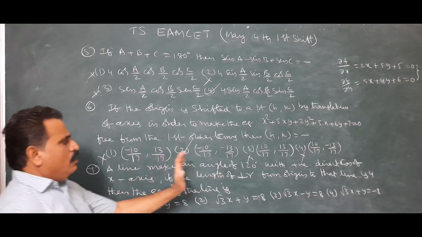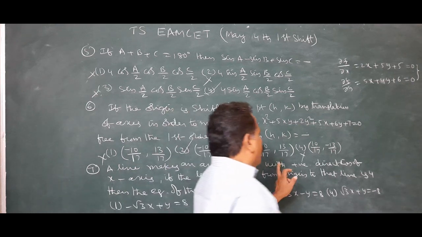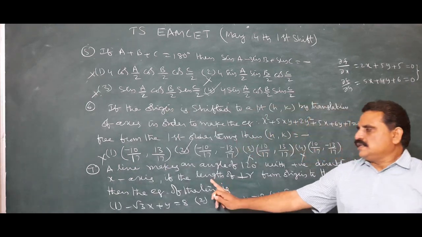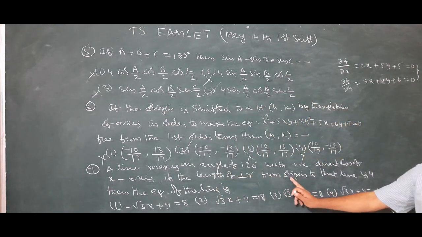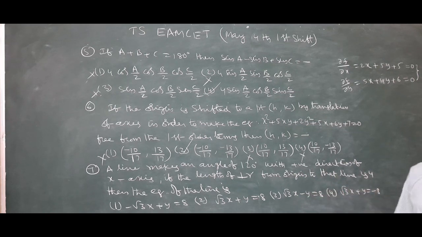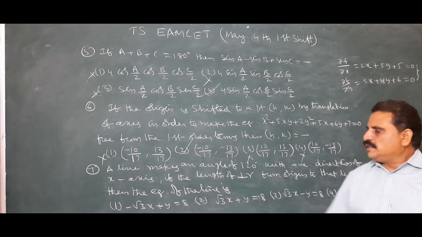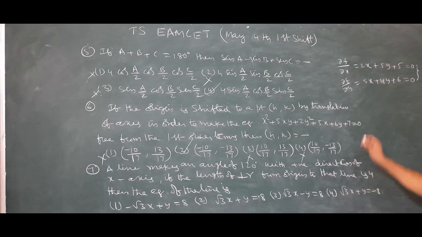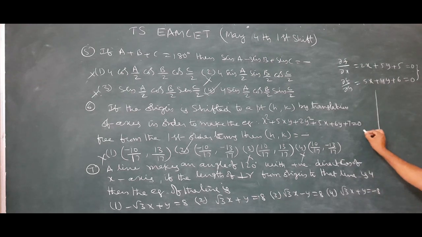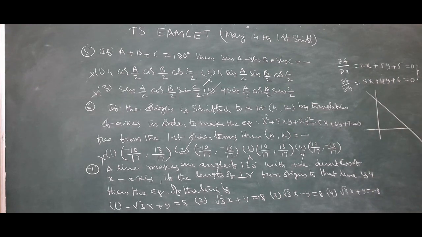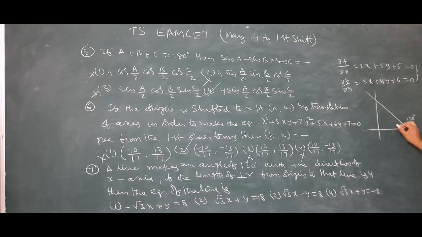A line makes an angle 120 degree with positive direction of x-axis. If the length of the perpendicular from origin to that line is 4, then the equation of the line is... The line makes angle 120 with x-axis. This angle is 120 degree, so this angle is 60 degree.